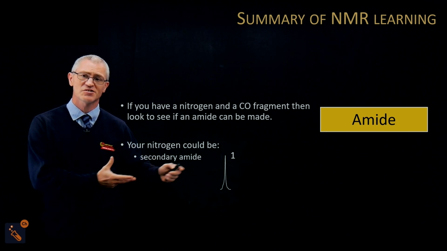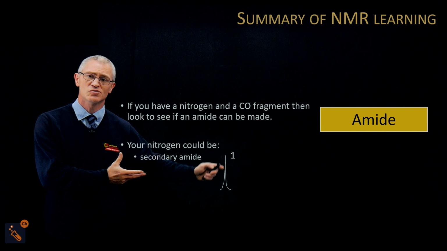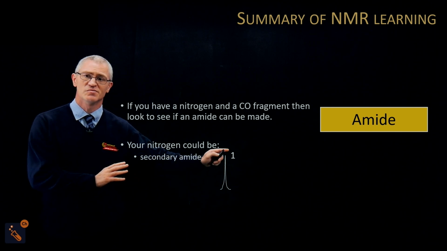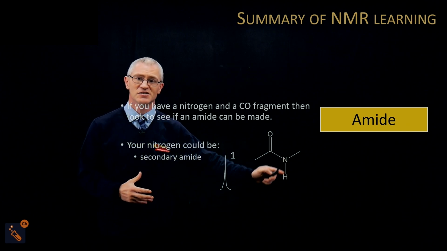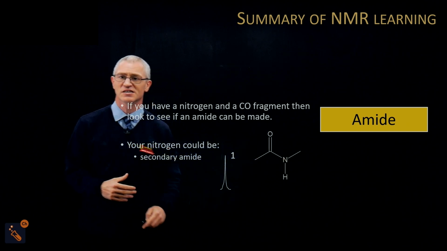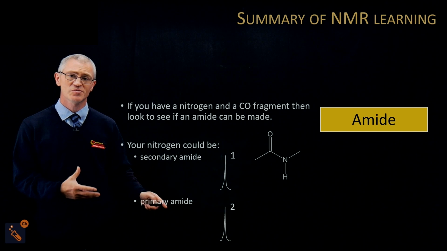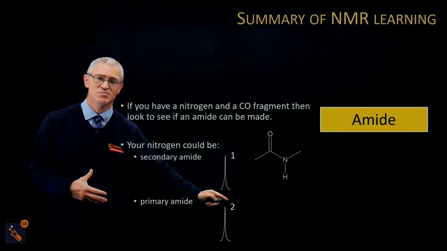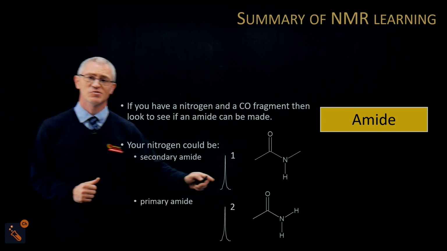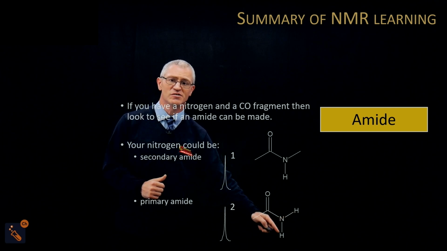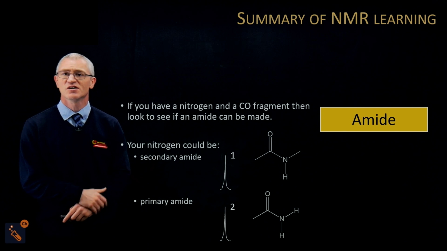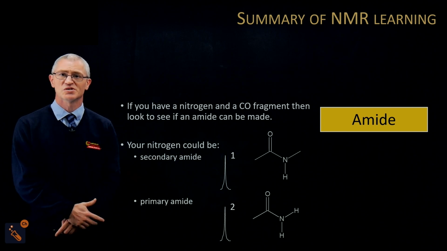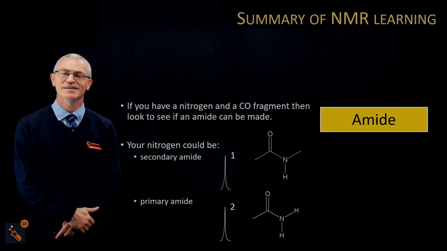So if we look here, a secondary amide is going to give that short peak with that wider bottom, with a 1. And we had that today with this NH attached to this CO. If it was a primary amide, you would have the same peak but a 2 by it. And again, we've got a primary amide here, which is ethanamide, 2 hydrogens here, and therefore the peak would have a 2 by it. But certainly look out for these amides if you've got the CO and an N in your molecular formula.